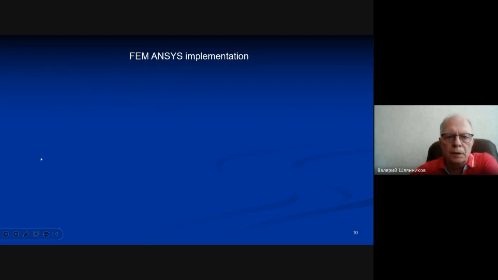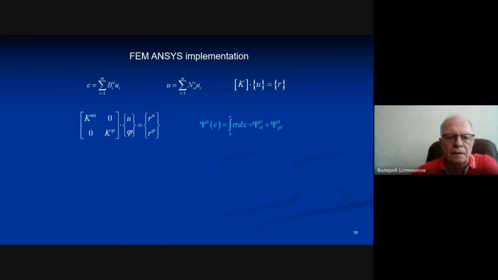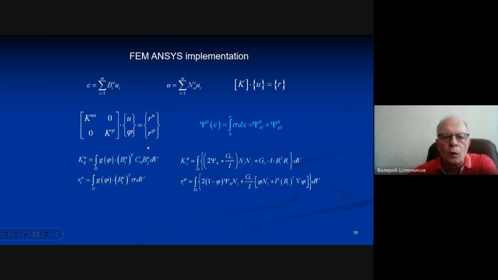In order to implement phase field fracture in finite elements, it is necessary to arrange the components of the stiffness matrix and the load vector according to this equation.